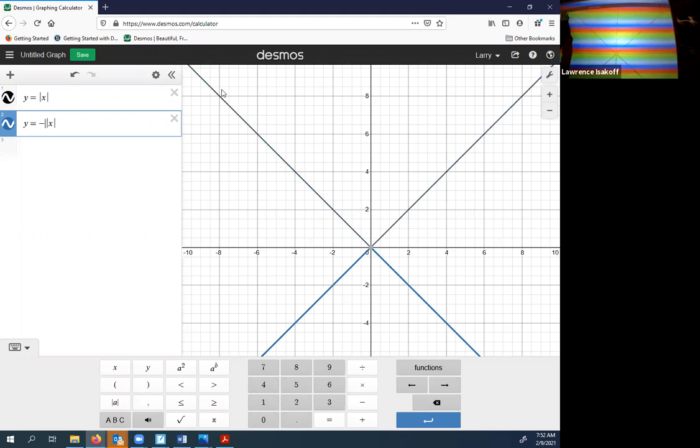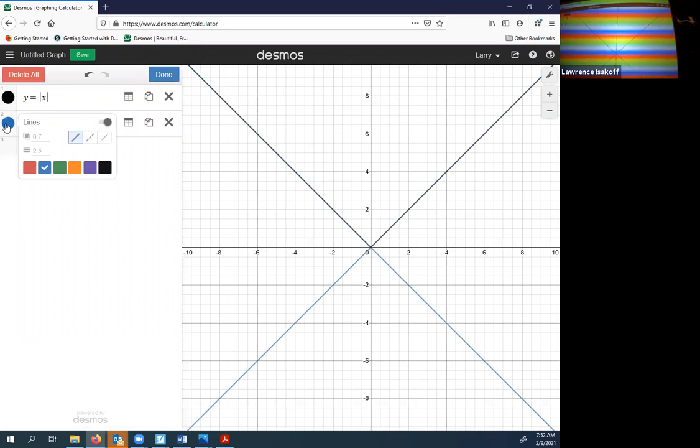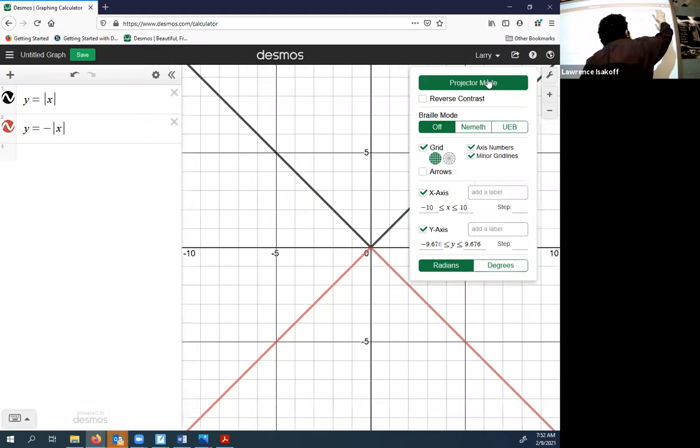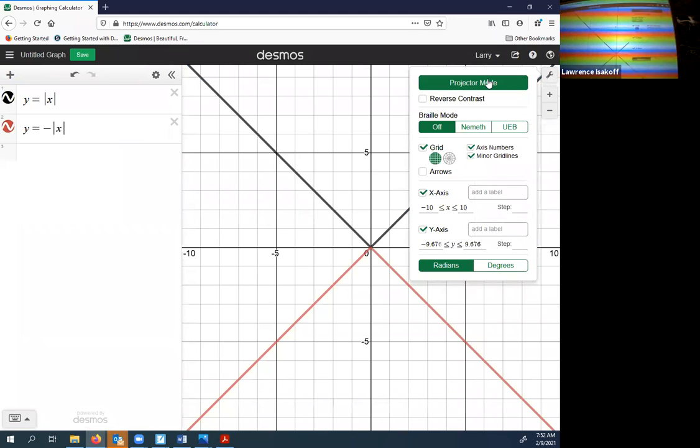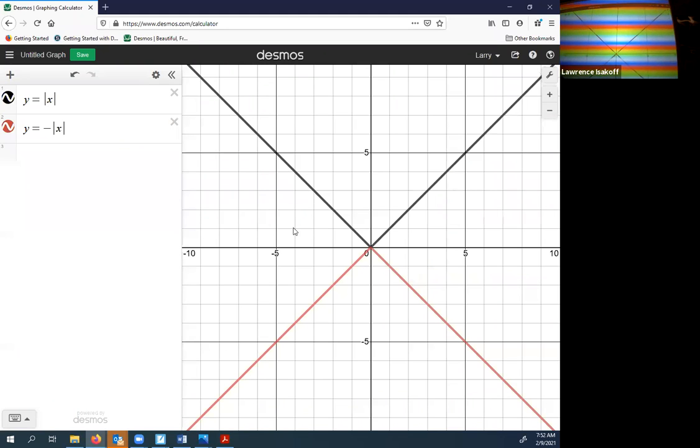Just for some more contrast, I'm going to change it now to red. I think the red will give you better contrast than the black. Oh, wait, I forgot I can do this. Projector mode, for you guys to see a little bit bigger with the lines. So as we can see, the red function appears to be the black, just flipped over the x-axis.